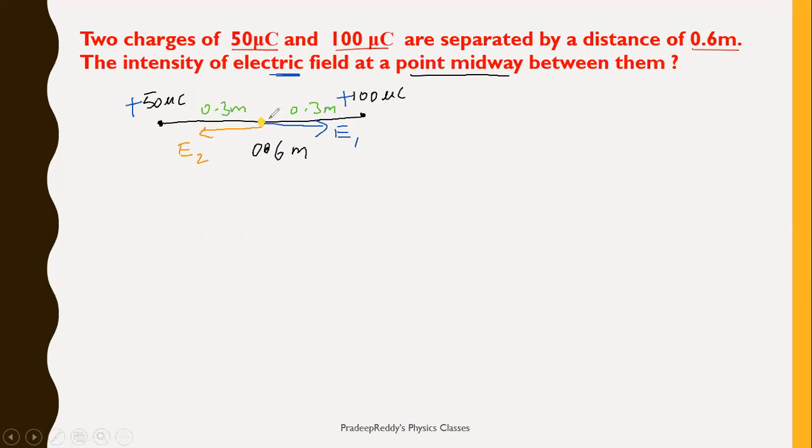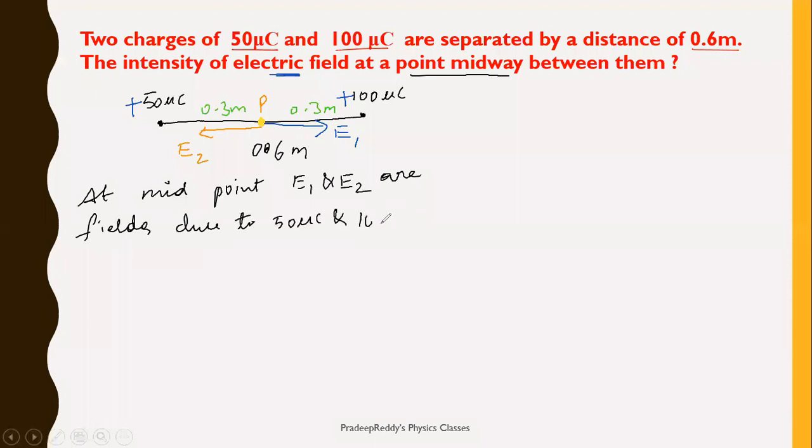Now at this midpoint, say P, E1 and E2 are fields due to 50 microcoulomb and 100 microcoulomb. At this point there are two fields, therefore net field will be equal to sum of these two.